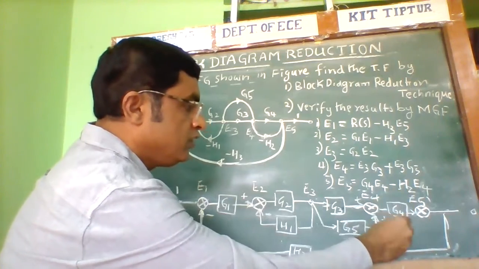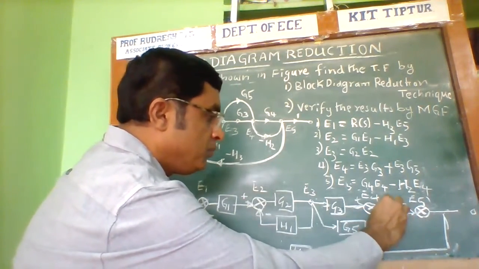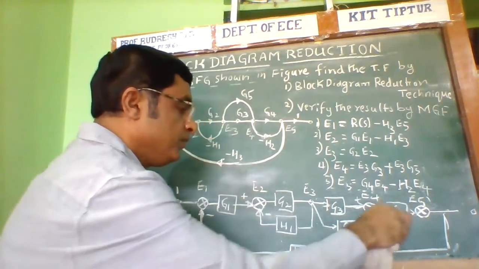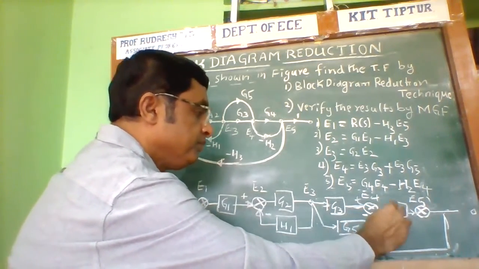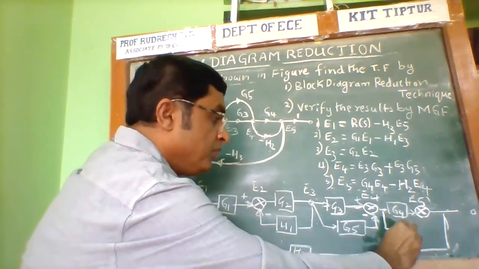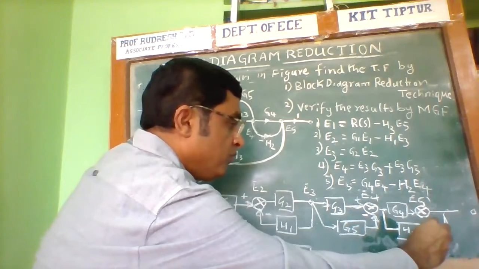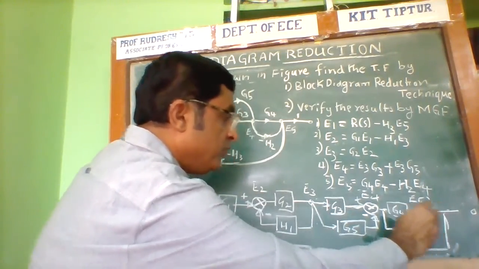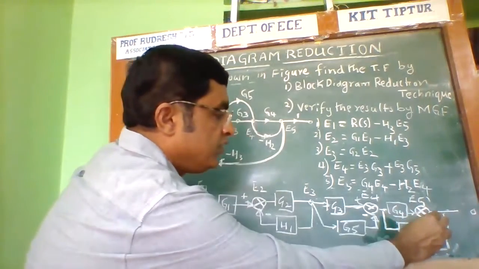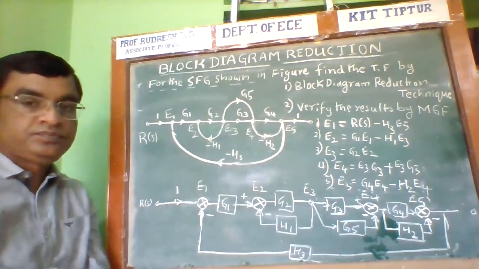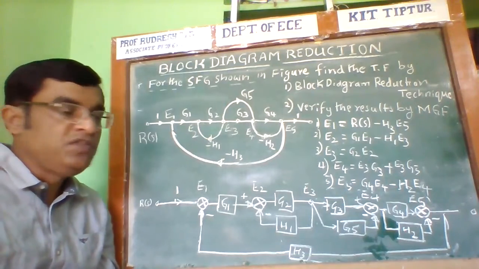Next, minus H2 here from the same E4 point. Minus H2, here I should write this negative sign. Now this is the block diagram for the given signal flow graph.